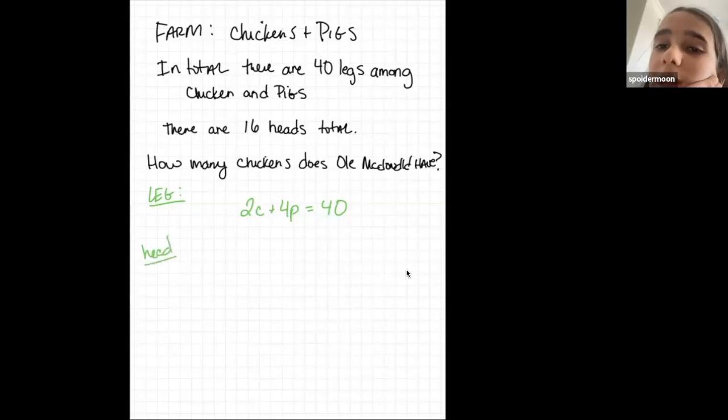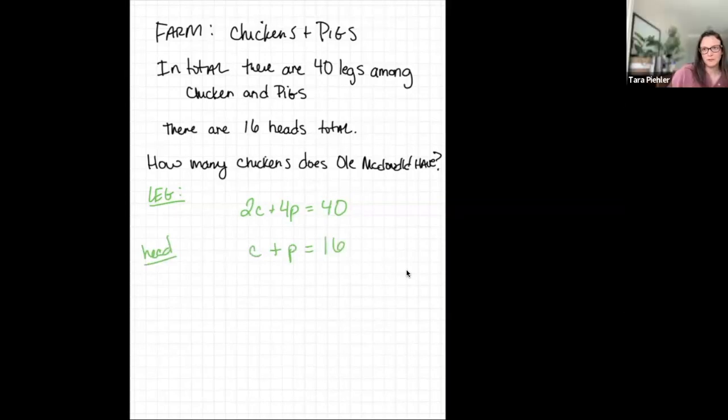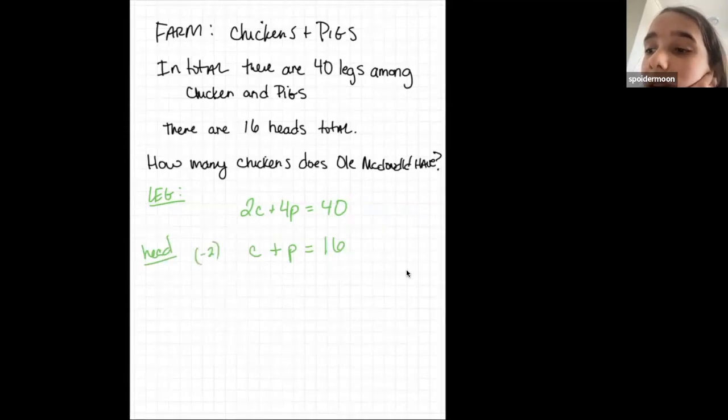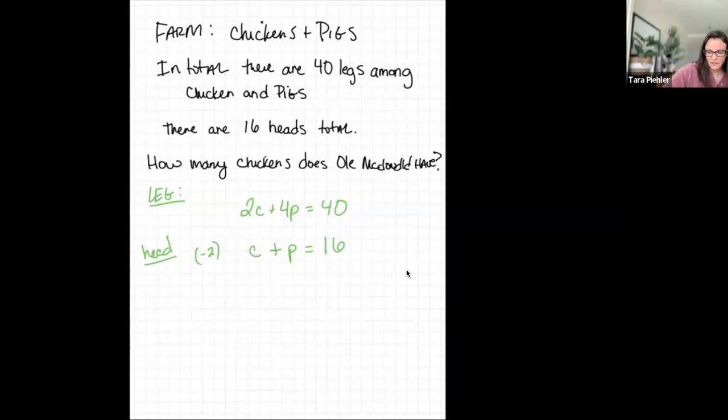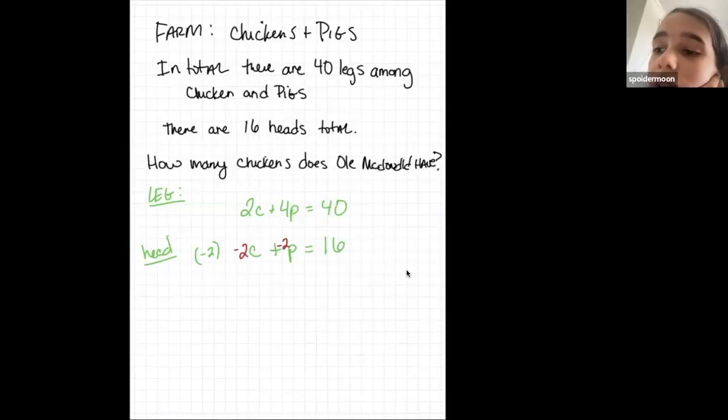C plus P equals 16. Beautiful. And we multiplied the bottom equation by -2 to get rid of the C so we could solve for P. I love it. All right, so far so good. -2, -2, and the last one is what? -32. There it is.